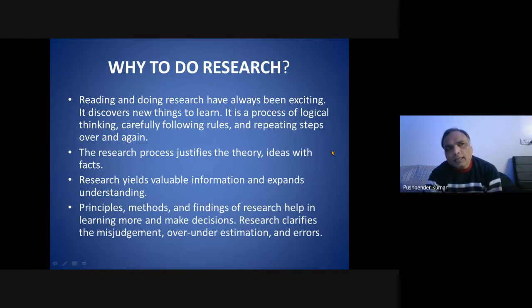The other kind of research could be process oriented. Process plays a very important role, that we need to figure out what the process is.